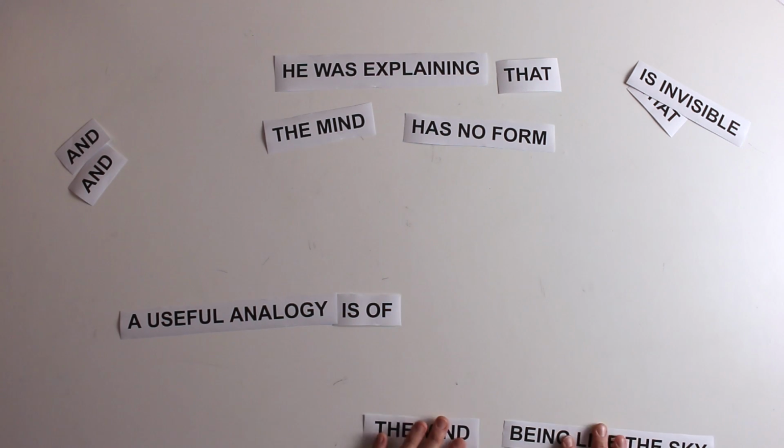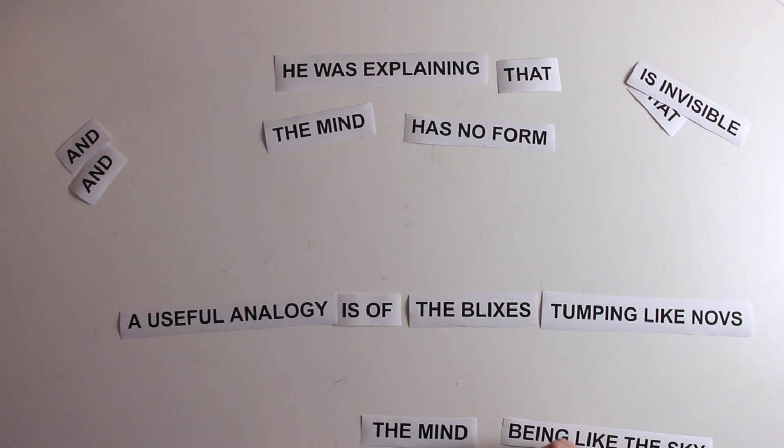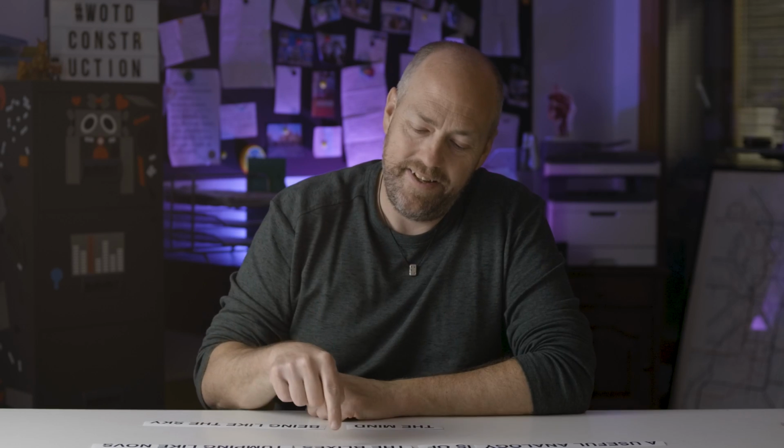For example, I can substitute these real English words for words that I invented. Look, a useful analogy is of the blixes tumping like novs. Now, you don't know what these three words mean. I just invented these three words, blixes and tumping and novs.